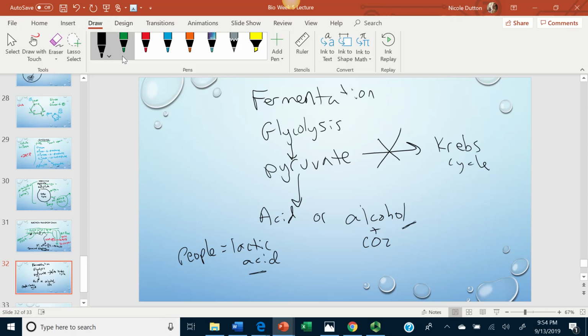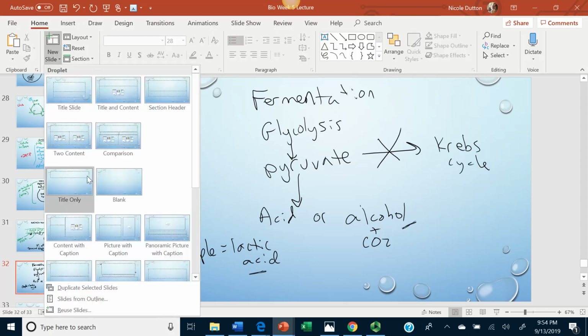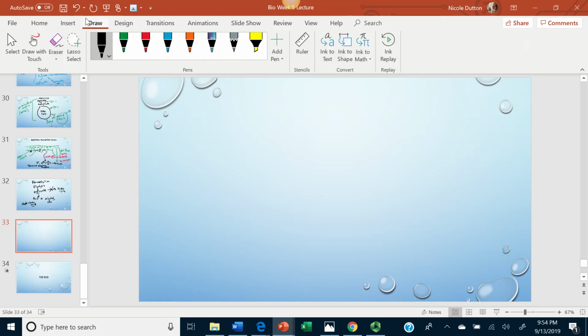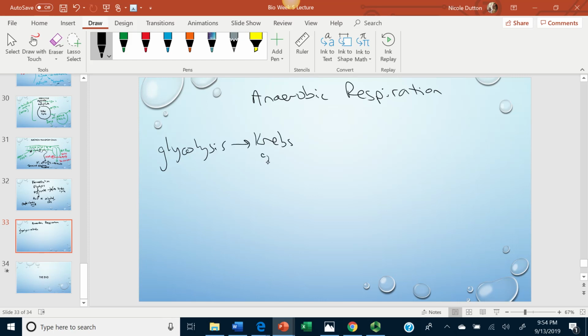So what about the case of anaerobic respiration? Well, with anaerobic respiration, we have glycolysis, then we have the Krebs cycle, then we have the electron transport chain, and as these hydrogens flow through, the terminal electron acceptor is something other than oxygen.